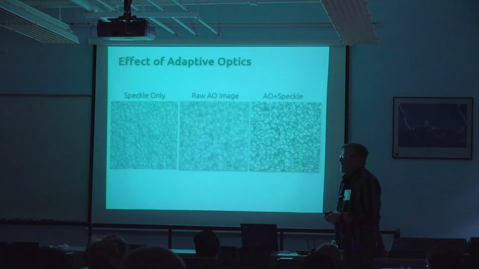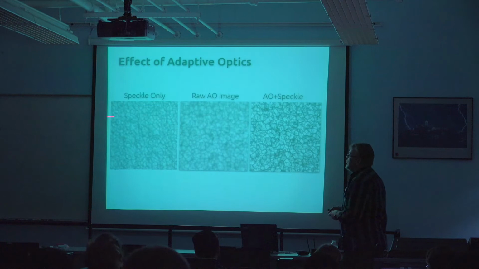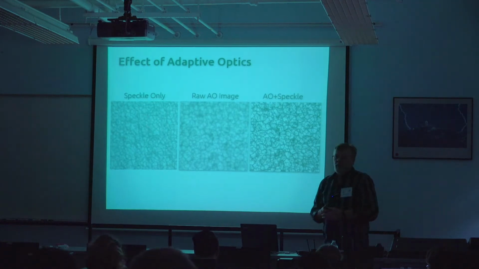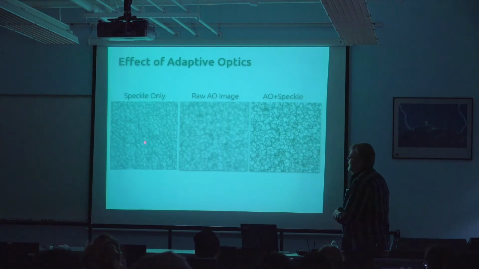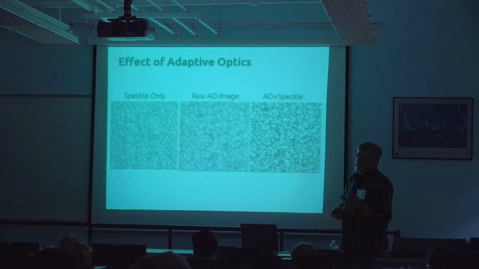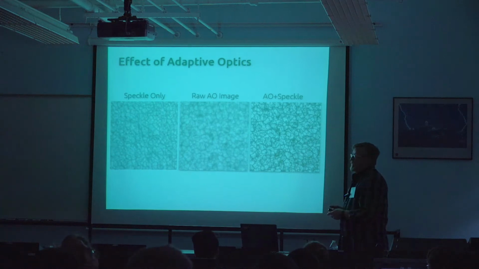So, the effect of AO. Here you have a granulation field that was speckle reconstructed, but AO was not working. So yes, we can recognize granulation all over the place. However, this image is not really useful because you cannot do much science here. Next image, I'm not sure how good the projector is.